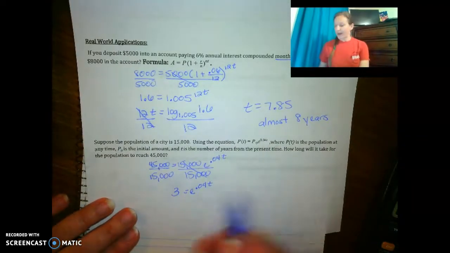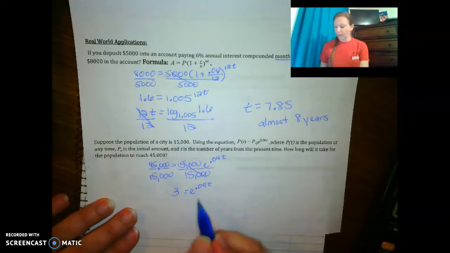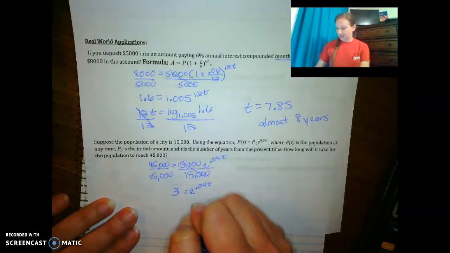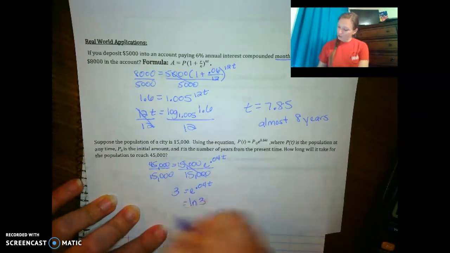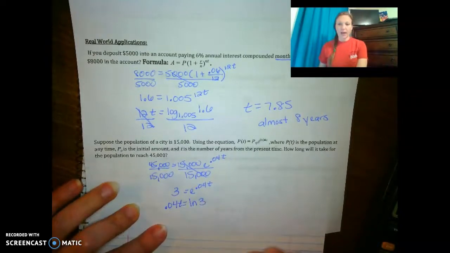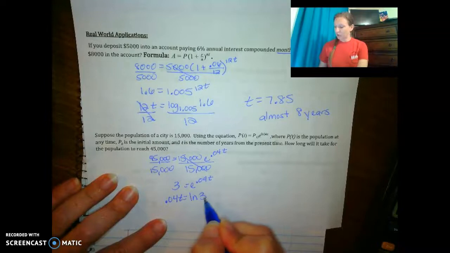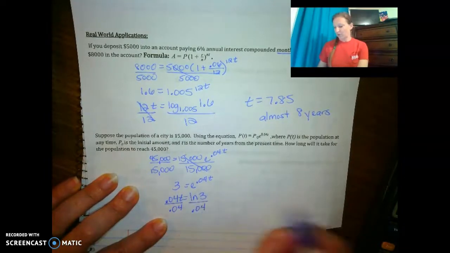Okay, now that I've isolated the base and the exponent, I'm ready to convert it into log form. Remember, log with the base of e is ln for natural log, and the others switch place. So what I'm ready to type into my calculator, I'm going to type natural log of 3 and divide that answer by 0.04, and I will have my t.